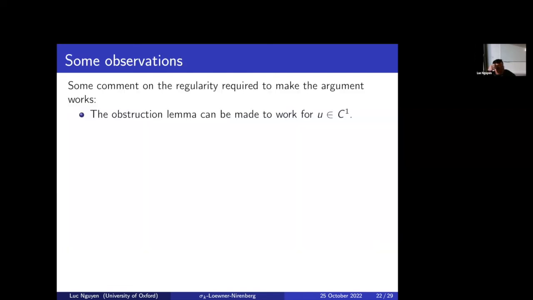So let me comment on how to make that a real proof. Okay. So first of all, in the obstruction lemma, we assume that U is C2. You can say that, by arguing using weak notions, we can make it work for U in C1.